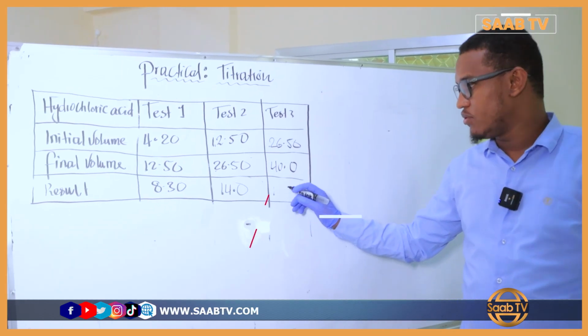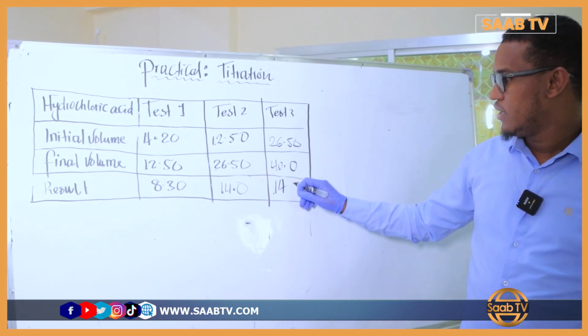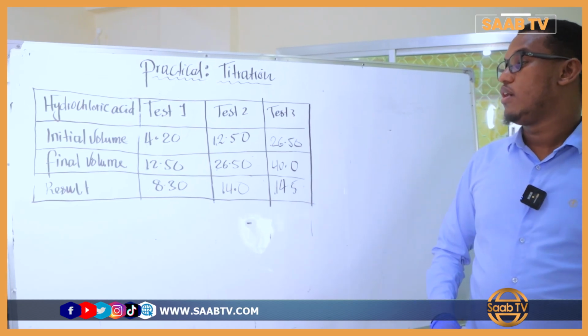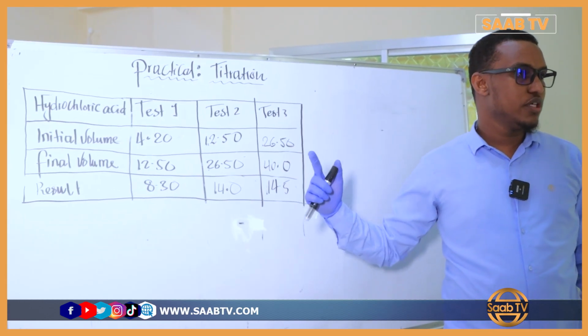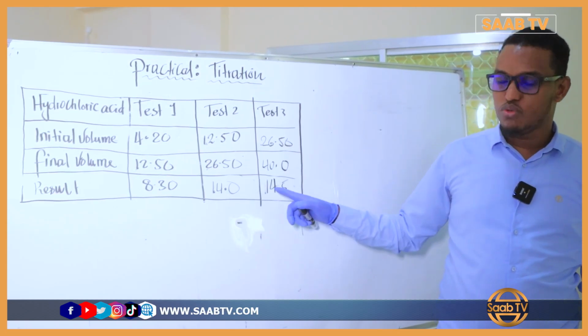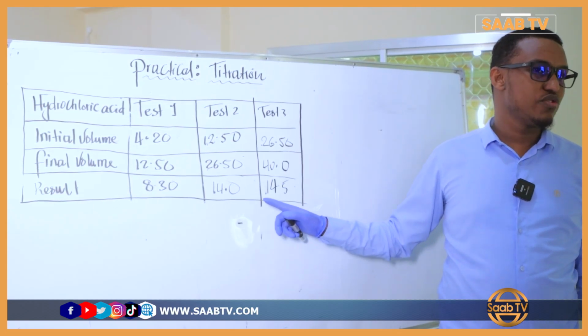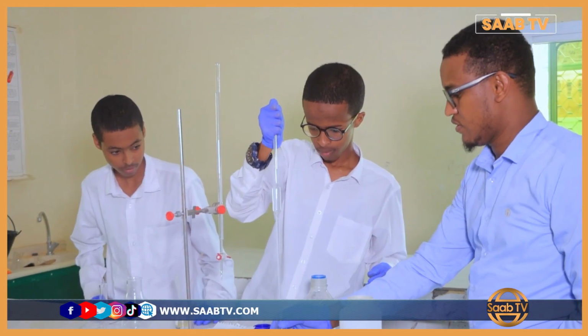Let me subtract that one. It is 14.5. So the result is not concordant because there is no result in between. Maybe these two are concordant results because they are within 0.02 of each other. So thank you very much.